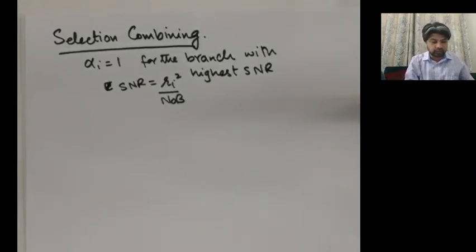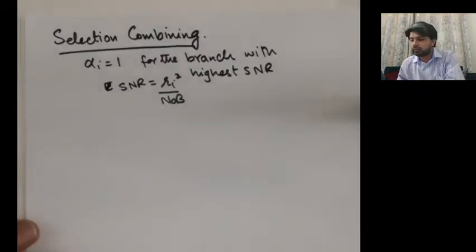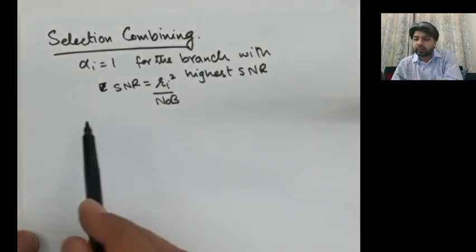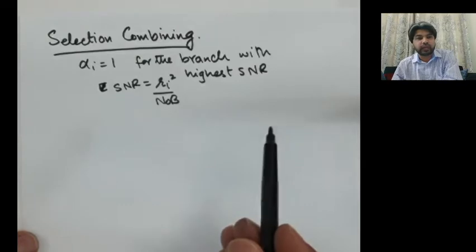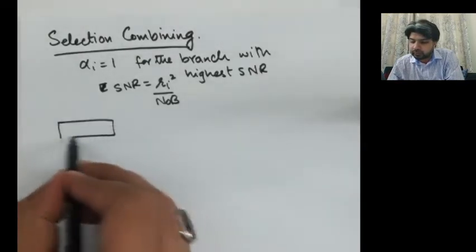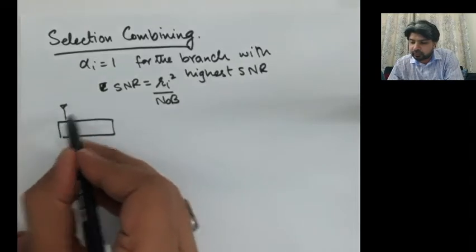And the other advantage is that you would see in a short while that it improves the performance a lot. Even selection combining would improve the performance under fading. Another advantage of selection combining is that you don't have to have a coherent receiver for each of the branches. So you can have, for example, a switch. For example, you have these capital M antennas.